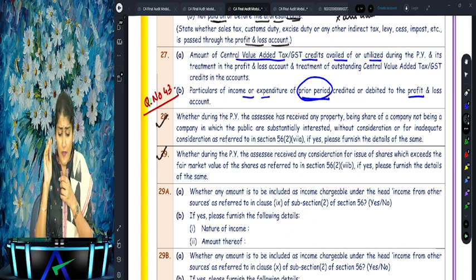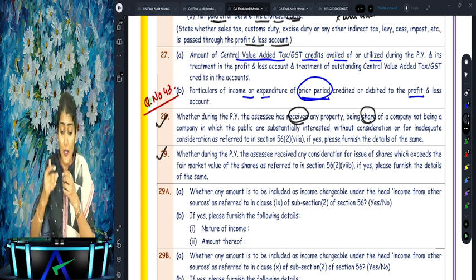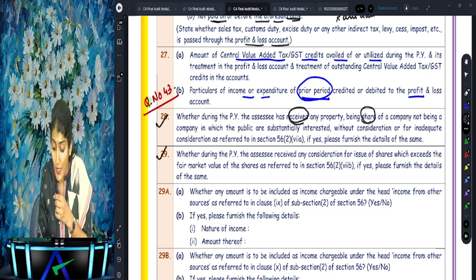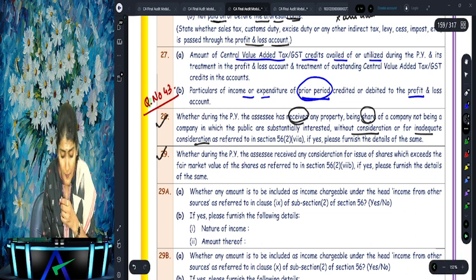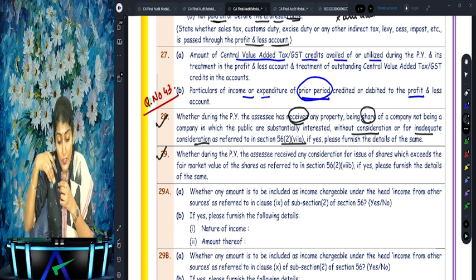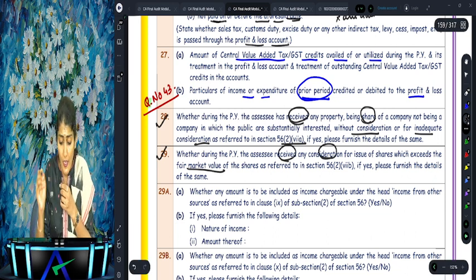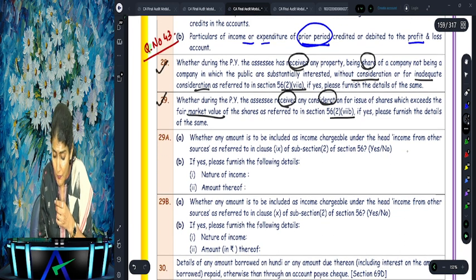I know. What does it say? That during the year, the assessee has received any property being a share of a company, not being a company in which the public are substantially interested, without consideration or for inadequate consideration, then 56(2)(vii)(a). Then whether during the previous year the assessee has received any consideration for issue of shares that exceeds the fair market value as referred to in 56(2)(vii)(b).